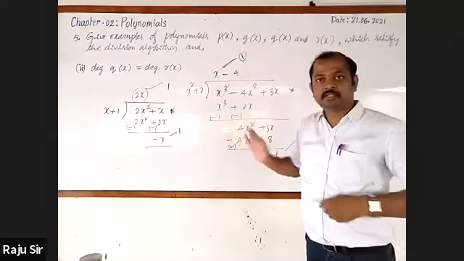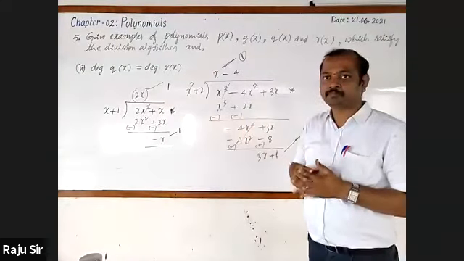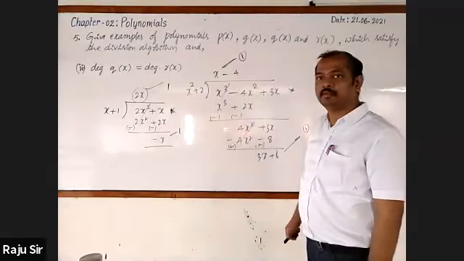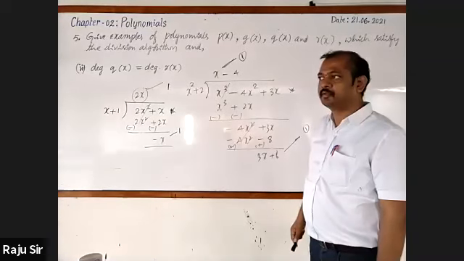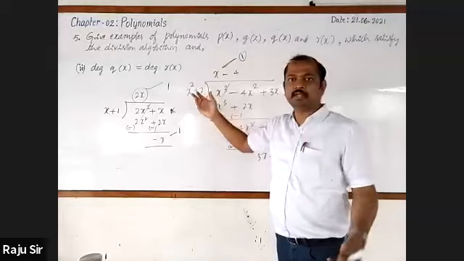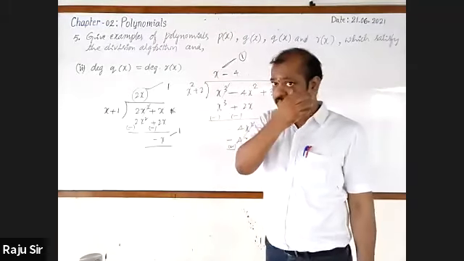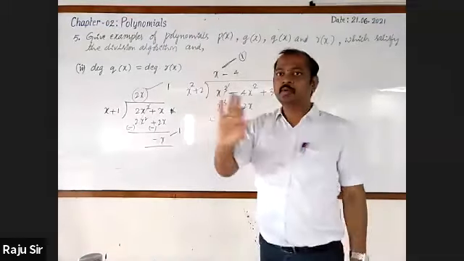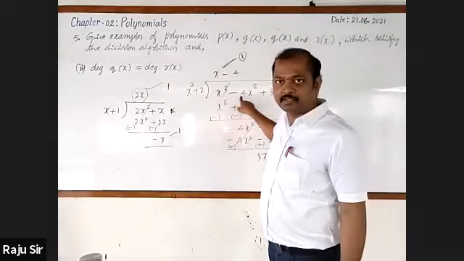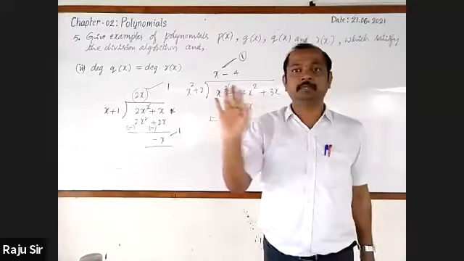Understood? Sir, now P of x should be x square plus 0x; it should not be in that form, sir. This one may be taken. Only the very simple thing is that in P of x, constant should not be there.